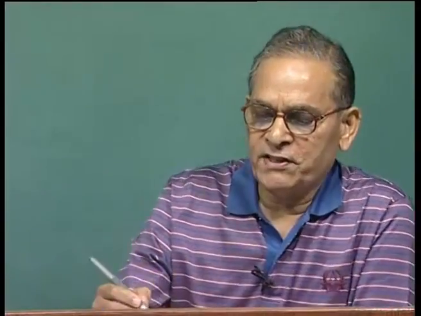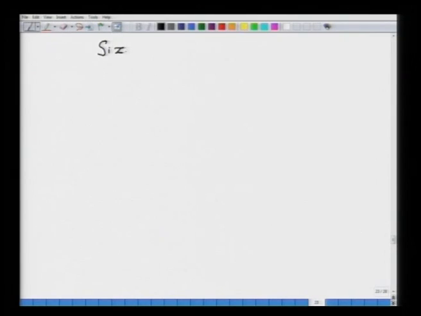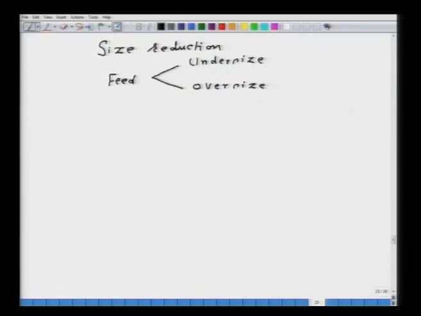In case of size reduction technology, the feed separates into undersize and oversize. When you perform screening utilizing a sieve, the undersize is the one which passes and is sent for further operation, and the oversize is sent for further size reduction operation.